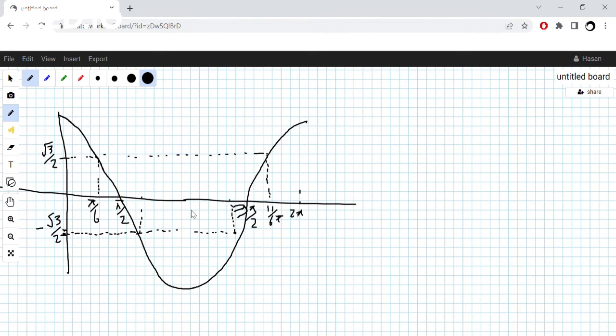What we need to recognize is that because this graph is symmetrical, obviously I haven't drawn it to scale, the distance over here is going to be the same distance as over here. The distance we know between pi over 6 and pi over 2 is a third, so you just add a third to pi over 2, and that would give you 5 over 6 pi.